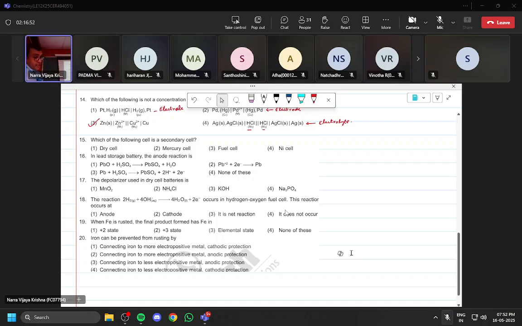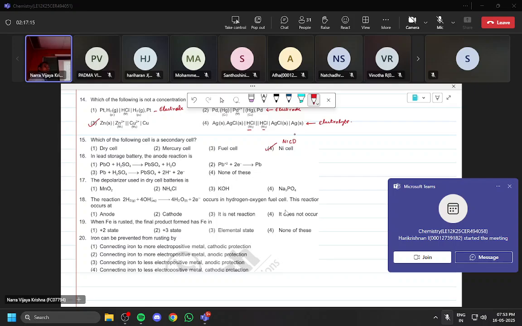Which of the following cells is a secondary cell? Secondary cell means rechargeable. Which one? Nickel cadmium, actually. They write it as NiCd. Correct? Next, sir.